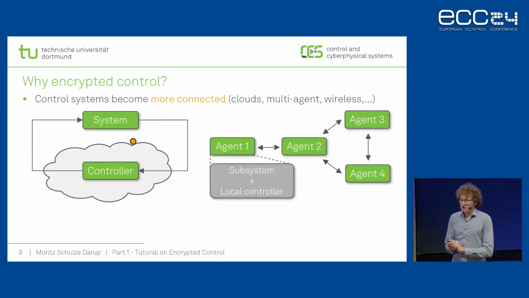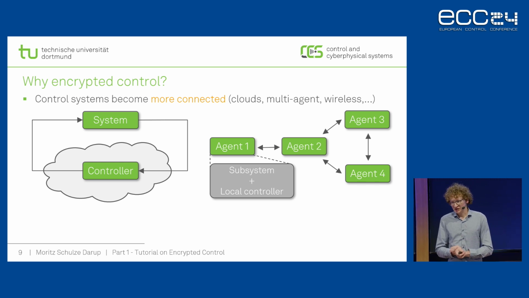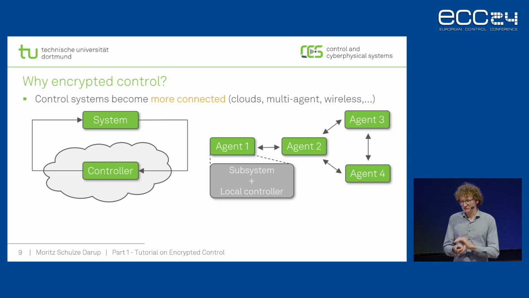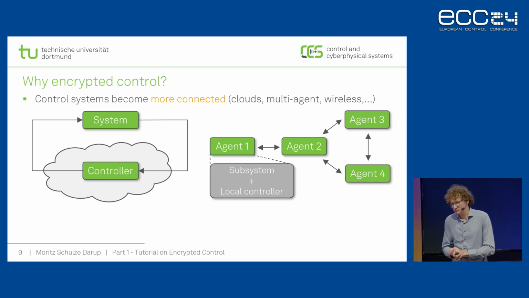I can also abstract that a little bit, and we will use these abstractions throughout the tutorial. On the left-hand side, we see a simple cloud-based realization of a standard control loop. That is, everything is as you know it, only that we evaluate the controller in a cloud for whatever reason, outsourcing it due to performance issues or whatsoever.